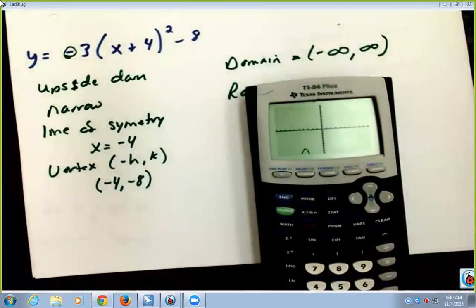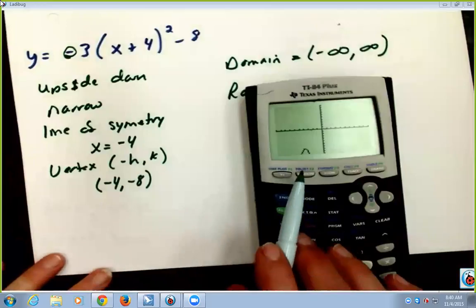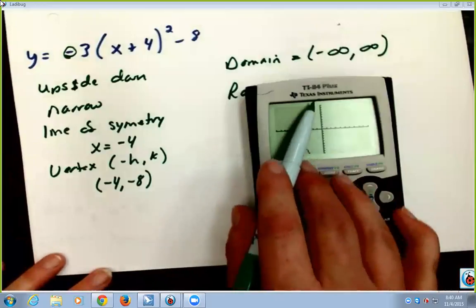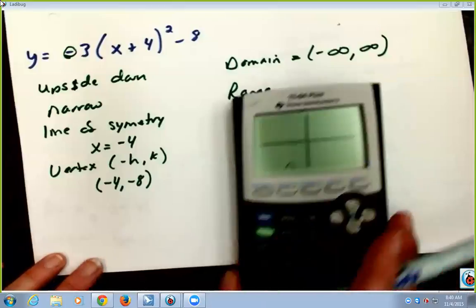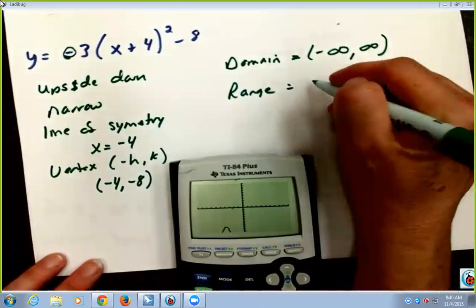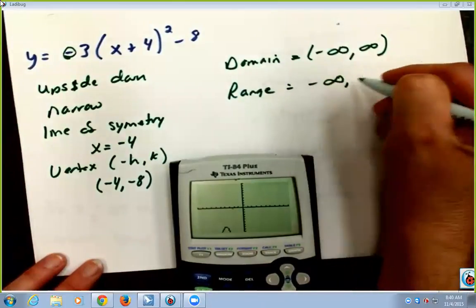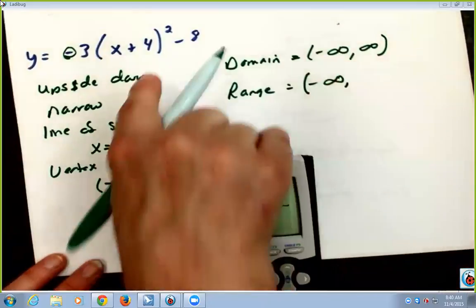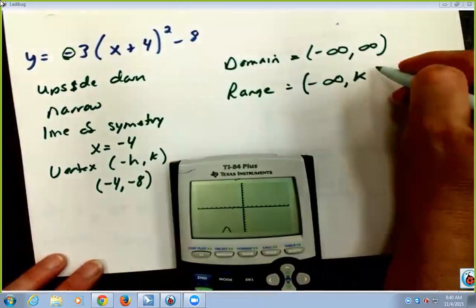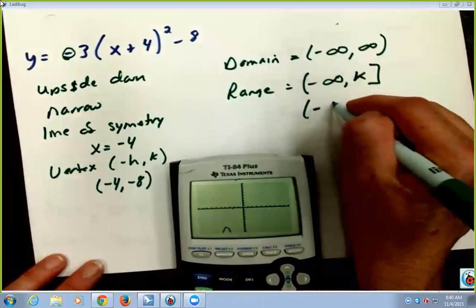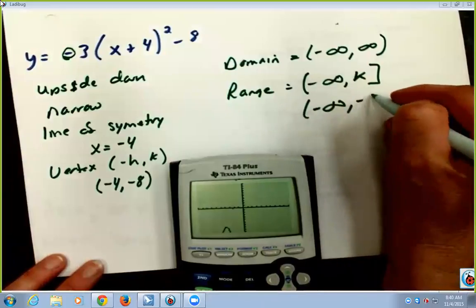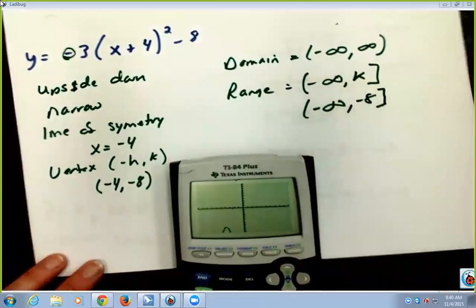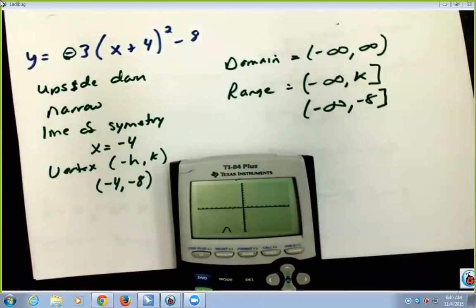But that still helps me with my range, because my range, remember, is the y's, and I'm not hitting anything up here. So I know with my range, I'm going to be going from -infinity to k. So it's -infinity to -8, and that would be my range.